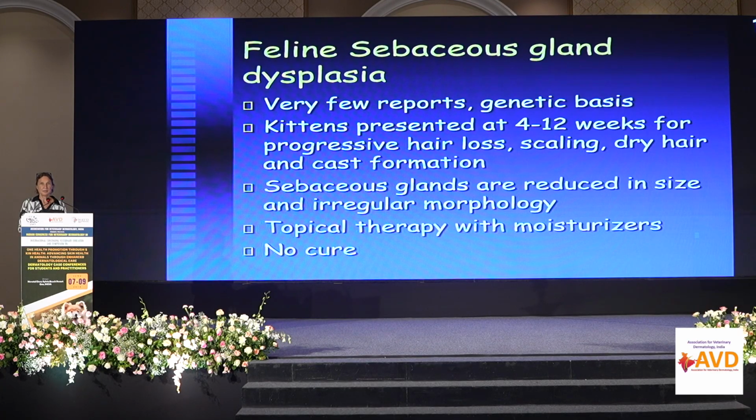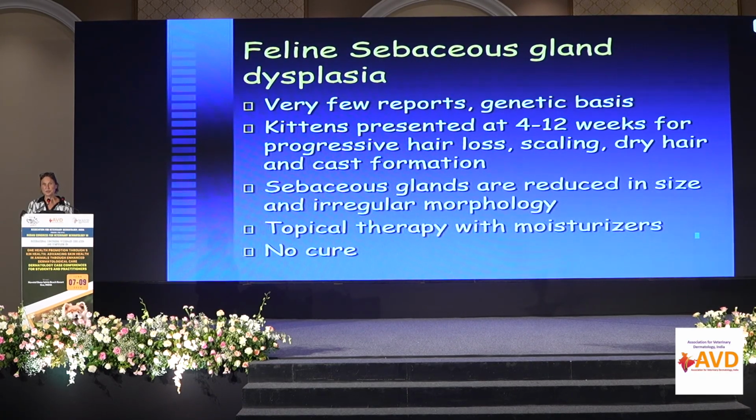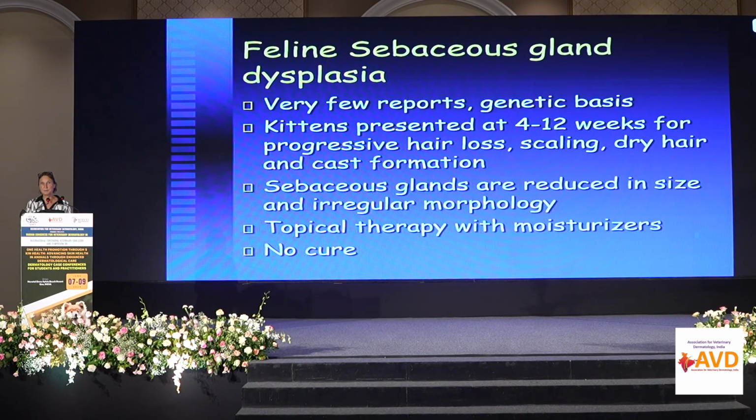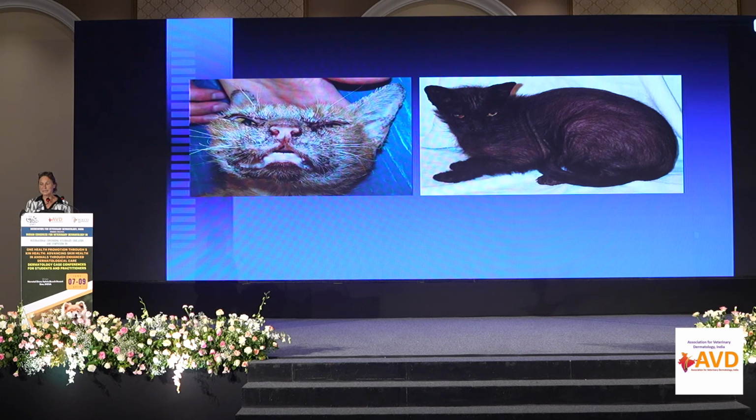Now, there are other diseases like feline sebaceous gland dysplasia. There are very few reports, and these are, again, young animals. And that's the thing. If you're presented with a young individual, think about a primary disease of keratinization. In this case, biopsy is the way to get a diagnosis. And these are basically diseases that cannot be cured.